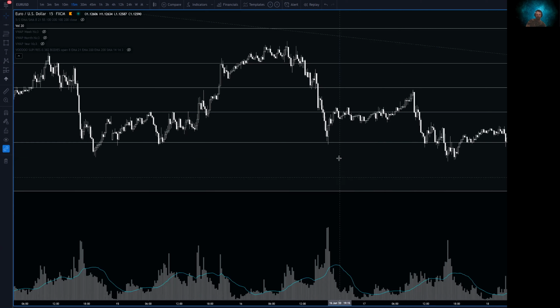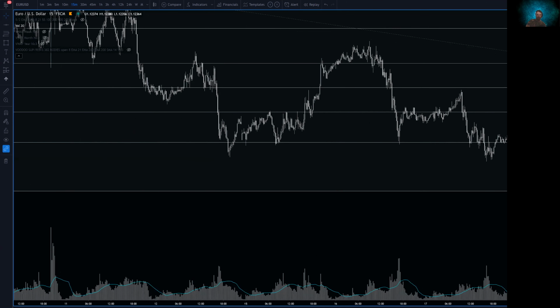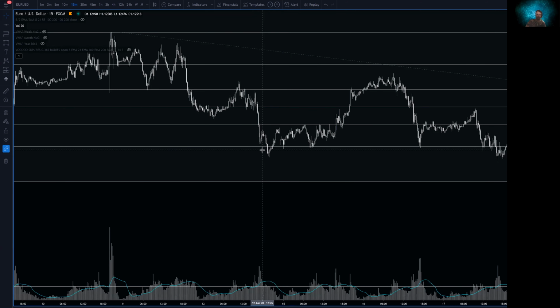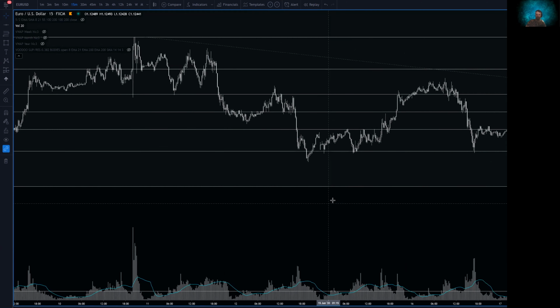So basically, with this strategy and this way of trading, you assume that the support or resistance will never break. That's why when buying or selling them, you will be doing it instantly. And sometimes it will mean you will get wrecked.